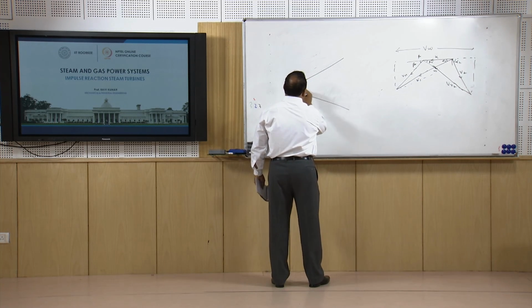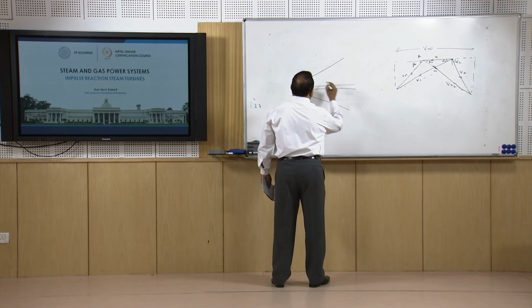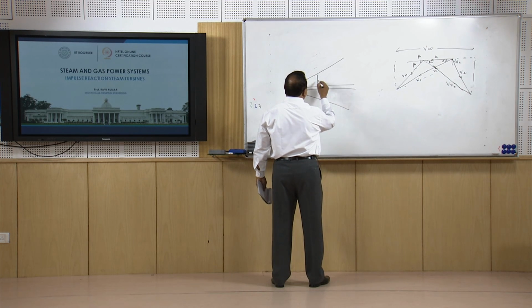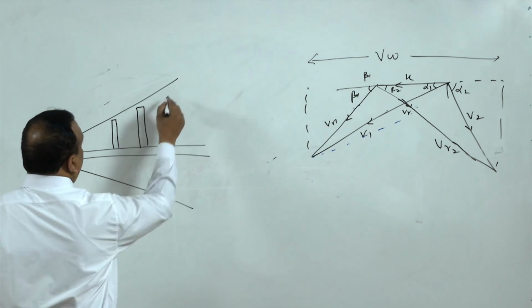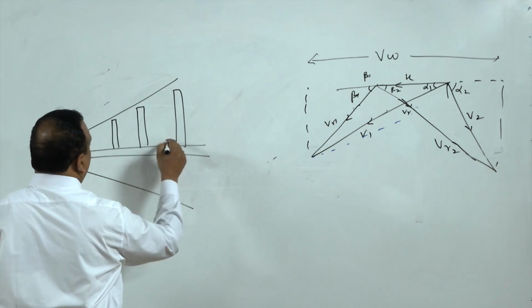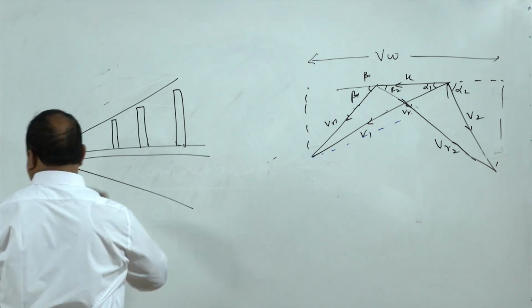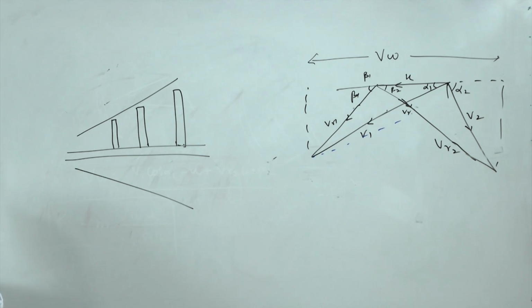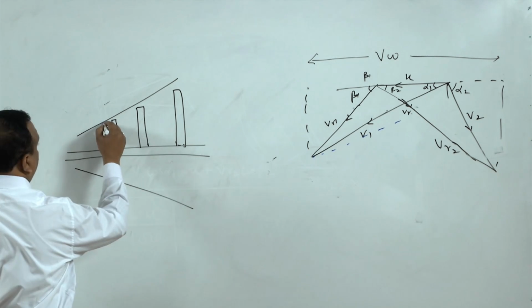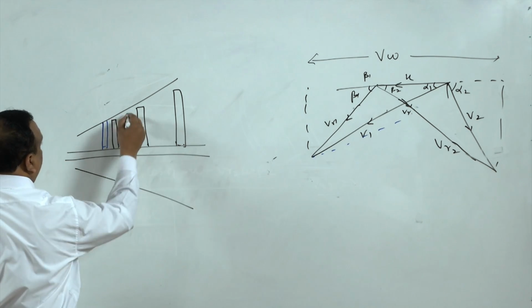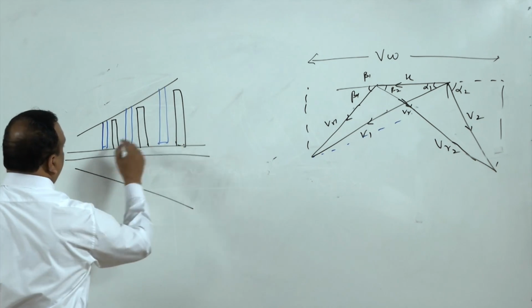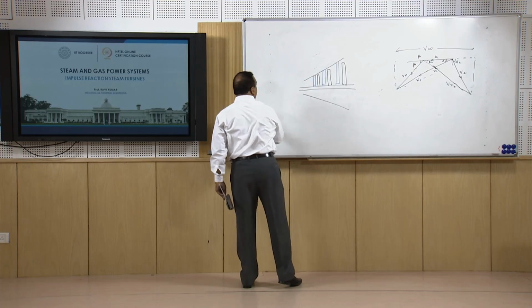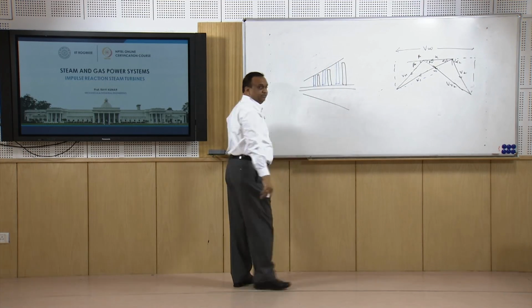So, if you look at the arrangement of the blades in an impulse reaction turbine, on the rotor there are moving blades mounted, and on the stator the fixed blades are mounted. These blades remain stationary because they are mounted on the casing.